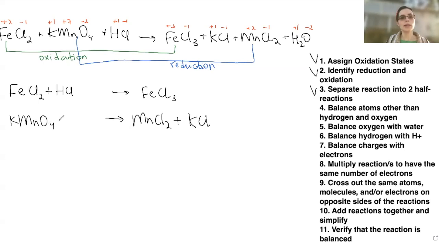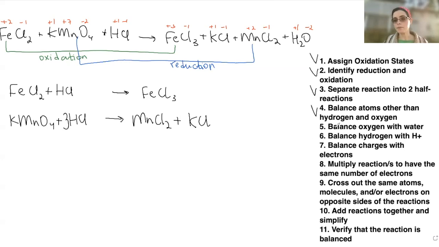So I will add HCl again. But let's see how many HCl's we need to add. We have 3 chlorines on this side, 2 from manganese chloride and 1 from potassium chloride. So we need to add 3 HCl's to make up for that. Okay, so now I think we are done with number 4.